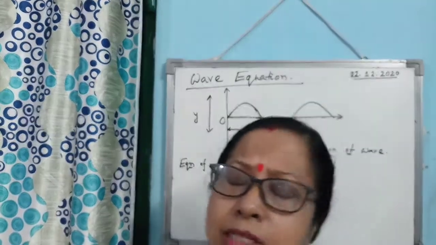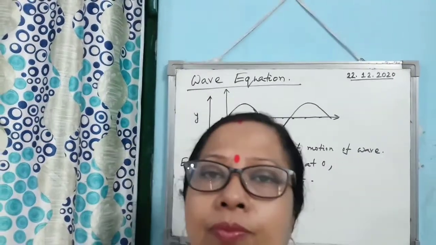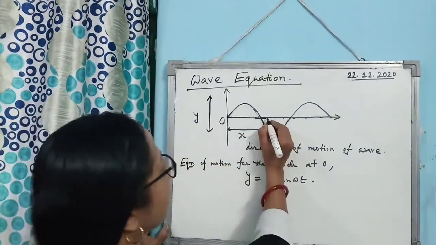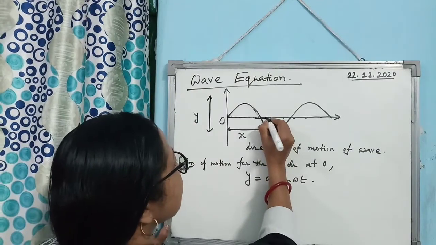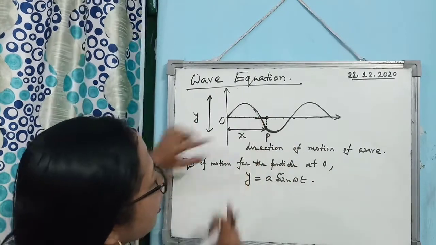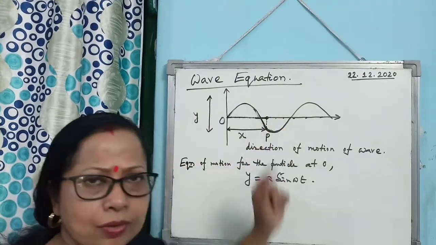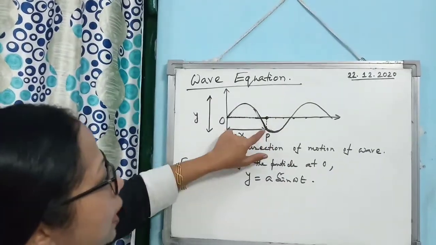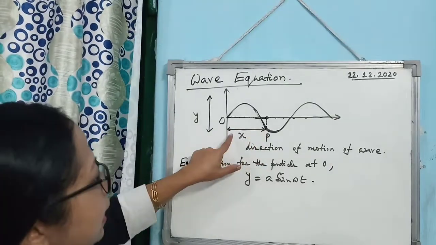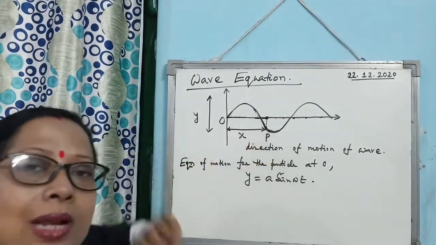But all the particles may not be at the origin of the wave. So let us consider a particle P, which is vibrating like this. If you consider the particle which is at a distance of x, what will happen?